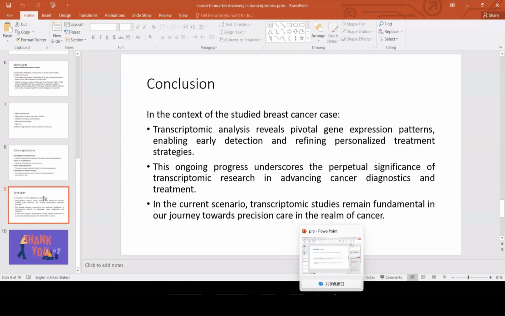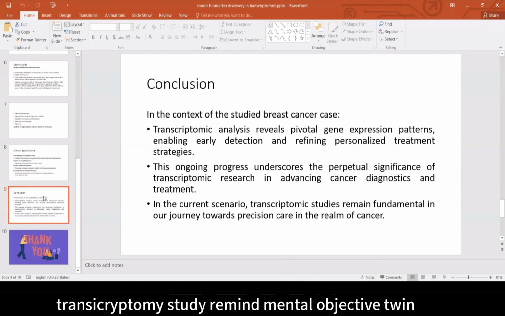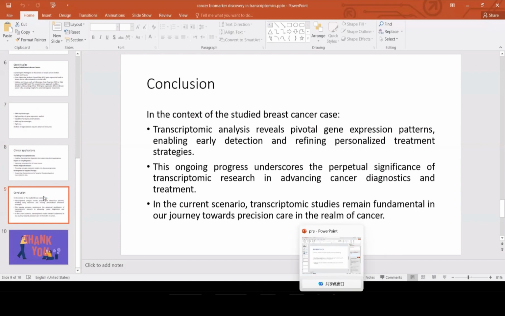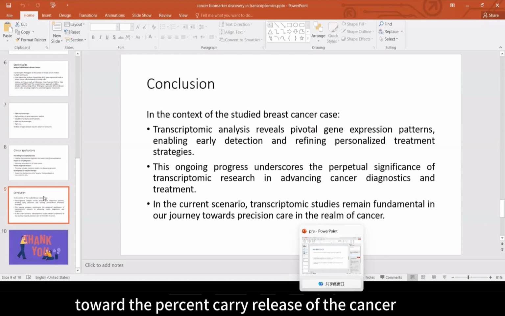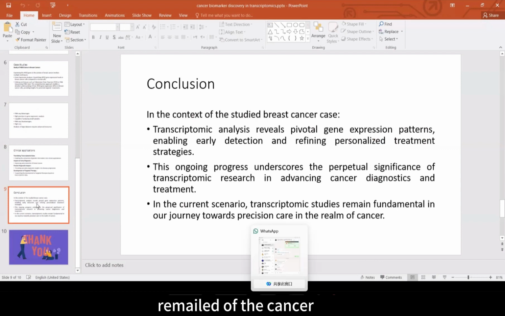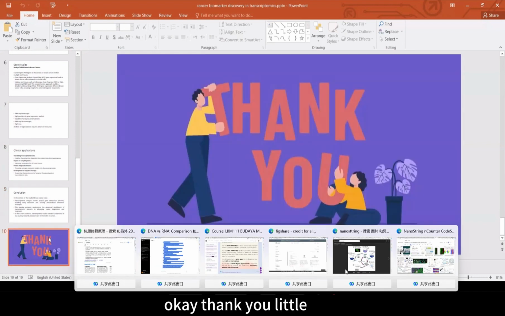In the future, transcriptomic study remains a fundamental objective in the cancer result. Okay, thank you, doctor.